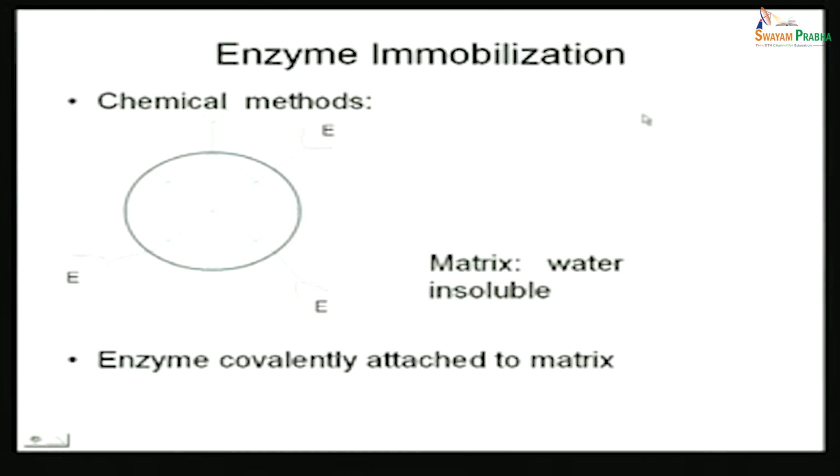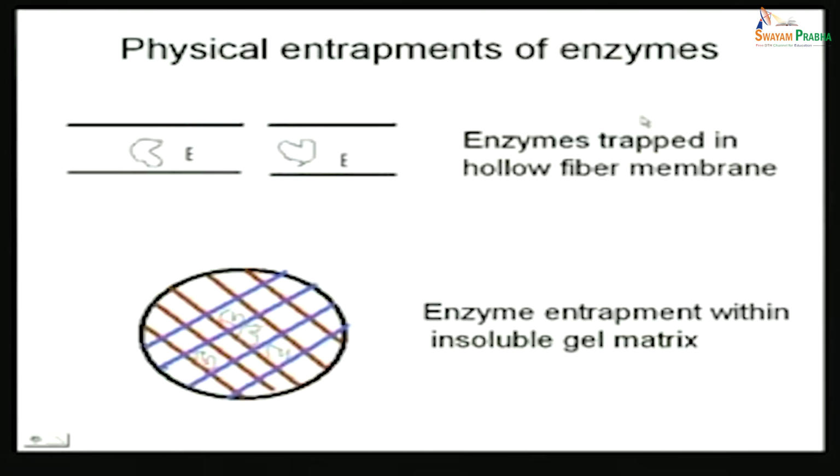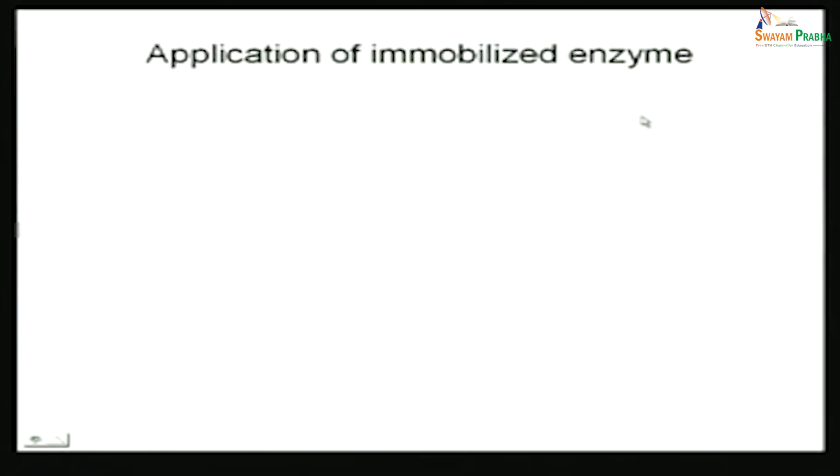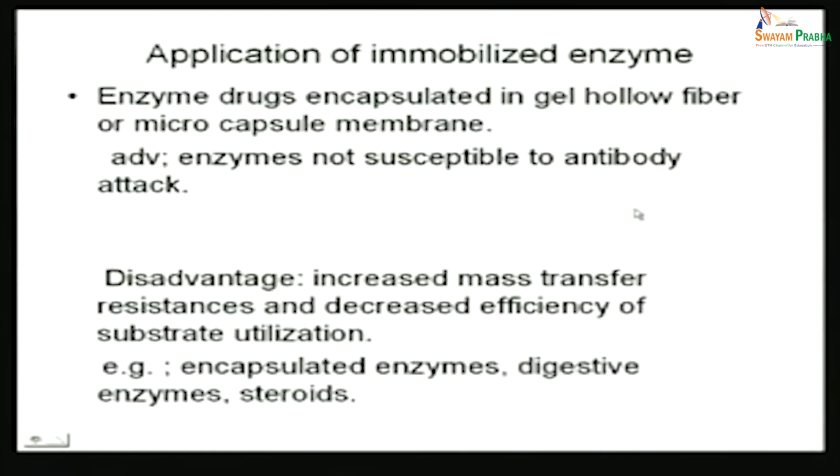So the basic difference is that there is a lot of mass transfer resistance to be overcome. Okay. So what it says is increased mass transfer resistance and decreased efficiency of substrate utilization. Of course, if there is increased mass transfer resistance, there is going to be decreased efficiency of substrate utilization, and encapsulated enzyme, digestive enzymes, and so on.